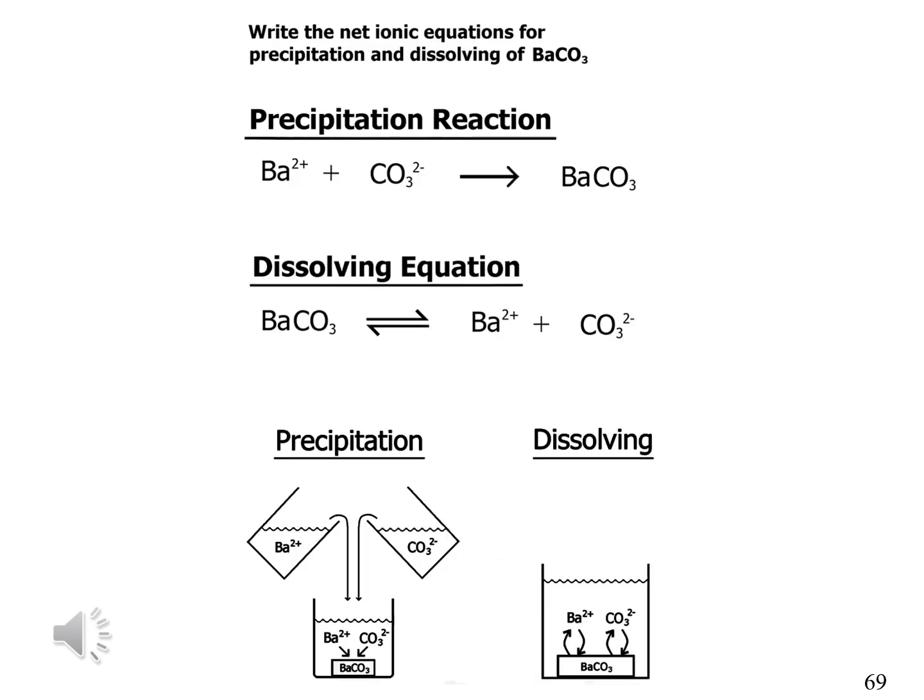I showed pictures of the two kinds of reactions in another way at the bottom of the page. The precipitation occurs when you mix the two ions together to make the solid. The dissolving is when it dissolves to make the ions in solution.